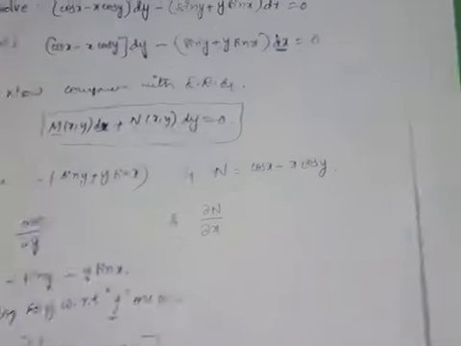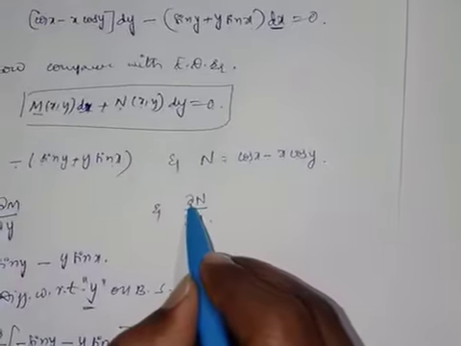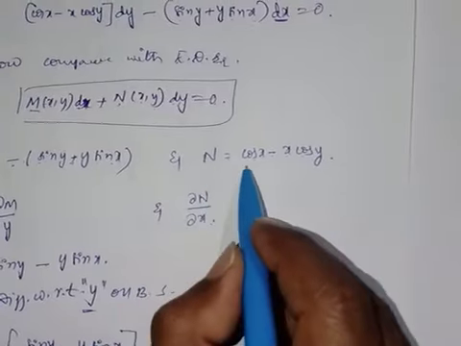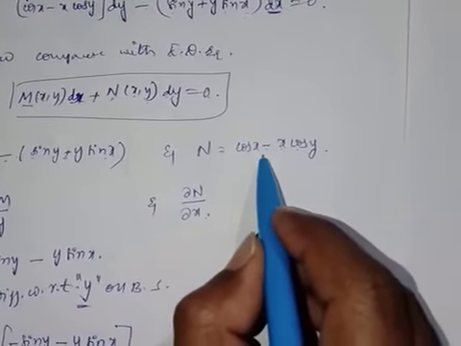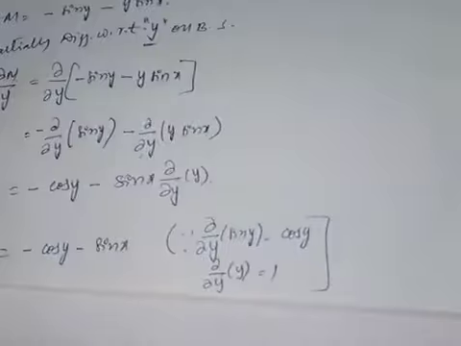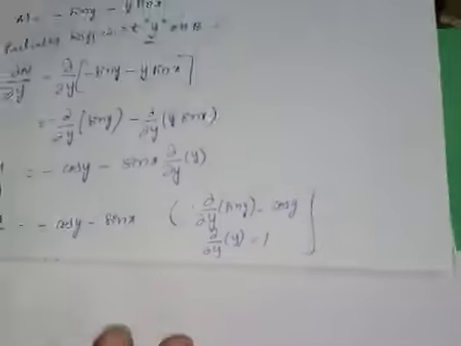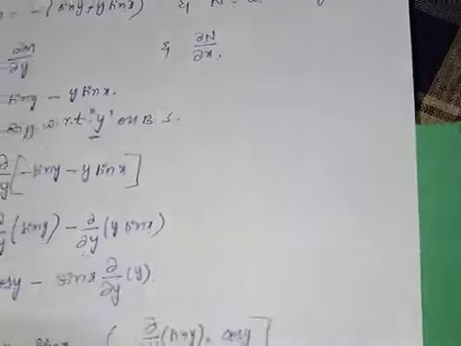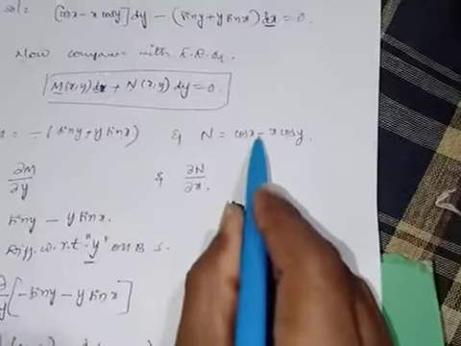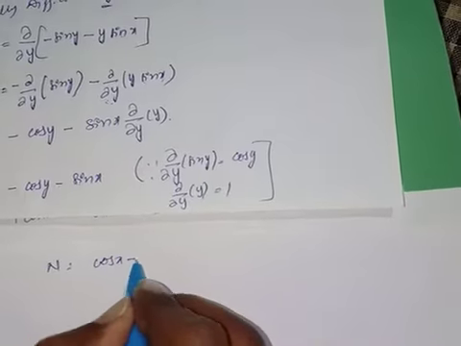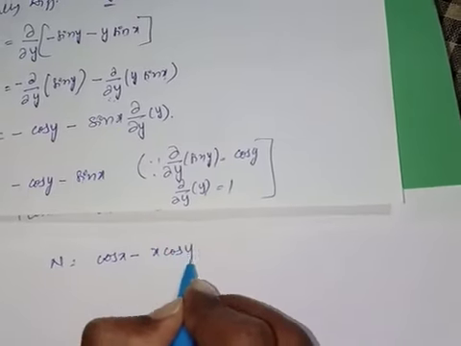So as it is, here we need to find ∂N/∂x. So partially differentiate the N value with respect to x on both sides. First of all, write down the N value. N is equal to cos x − x cos y.